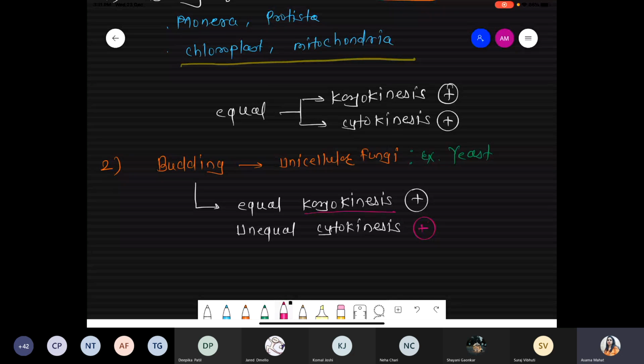If a small size daughter cell forms, it still undergoes growth and division, and can form an original size similar to the mother cell. न्यूक्लियस इंपॉर्टेंट है, अगर न्यूक्लियस होगा तो सेल सब कुछ करेगा. They can form their own proteins, enzymes, RNA, DNA, everything. तो बडिंग प्रोसेस में अनइक्वल डिवीजन है, मींस इक्वल कैरियोकाइनेसिस एंड अनइक्वल साइटोकाइनेसिस. Got it? Okay.